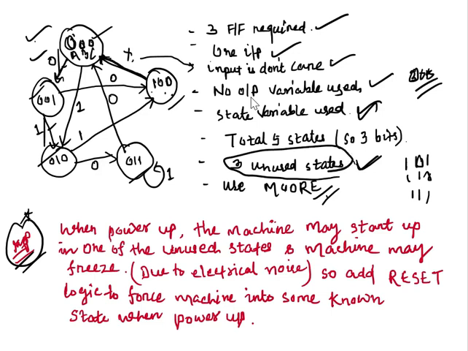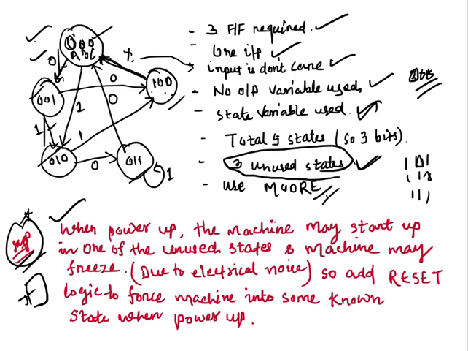One more most important point: there are a total of 3 unused states here. What will happen when power is off? Let's say you go to an ATM and take out your money by entering your pin and doing all the formalities.